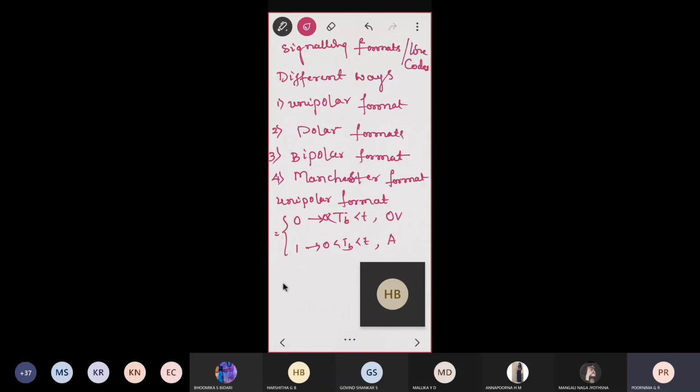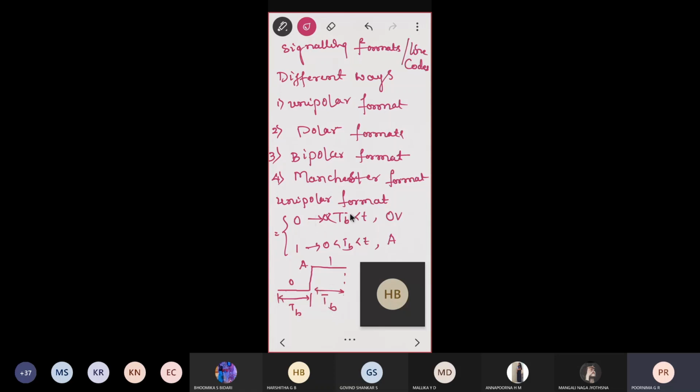So how do you represent this? A 0 having TB duration, and 1 having an amplitude of A. This is suppose the 0th bit and the 1 bit. This is the bit duration TB, and again 1 also will be a symbol having its duration of TB.